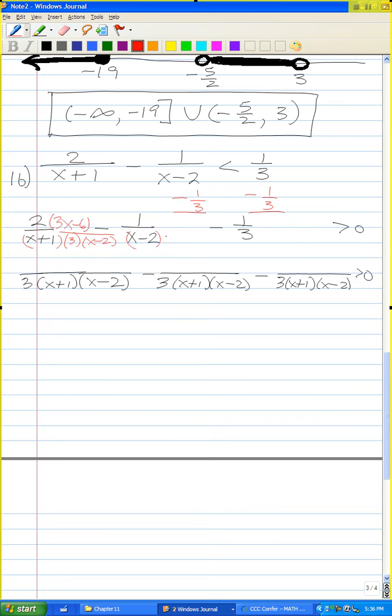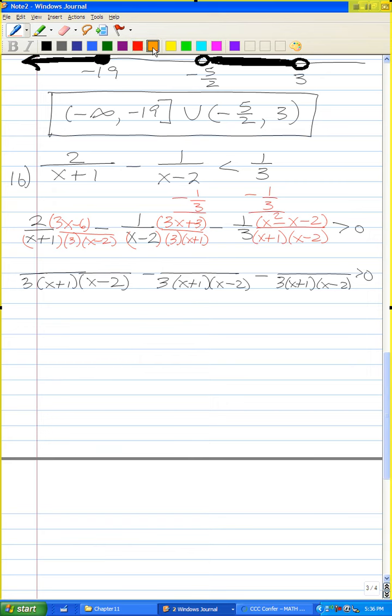Multiply and divide by 3, x plus 1, which is the same as 3x plus 3. Multiply and divide by x plus 1, x minus 2, which is the same as x squared minus 2x plus 1x minus x minus 2.